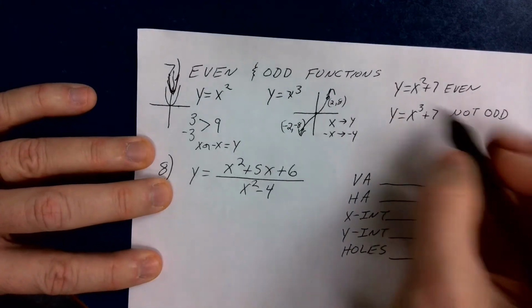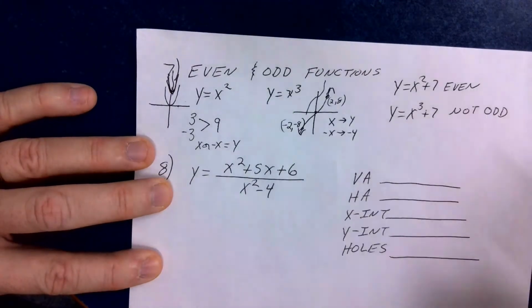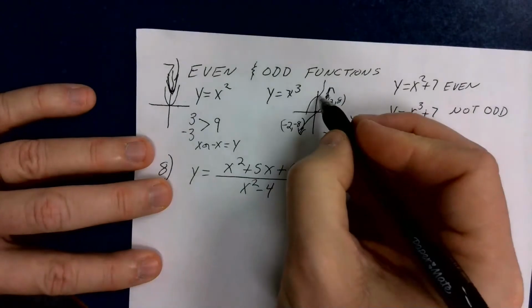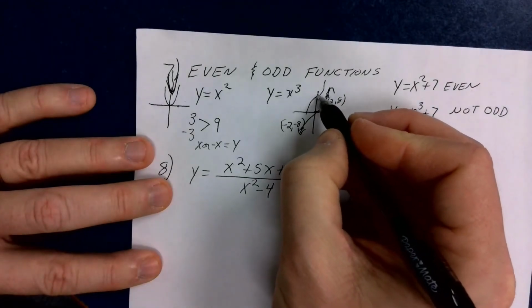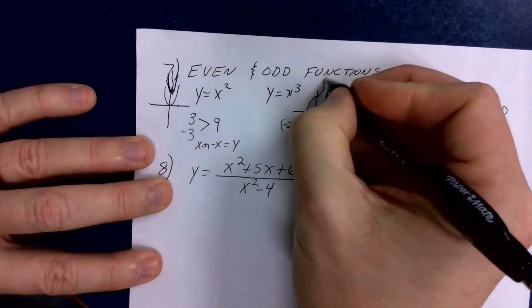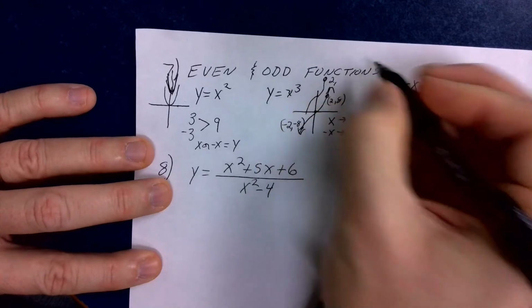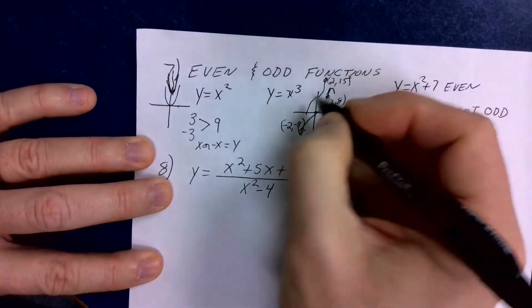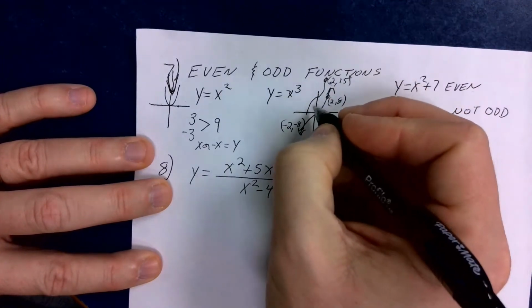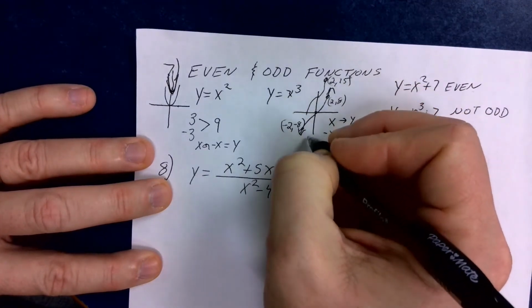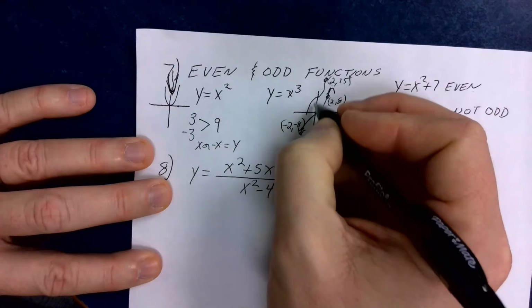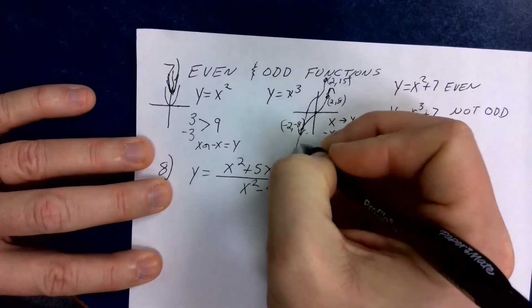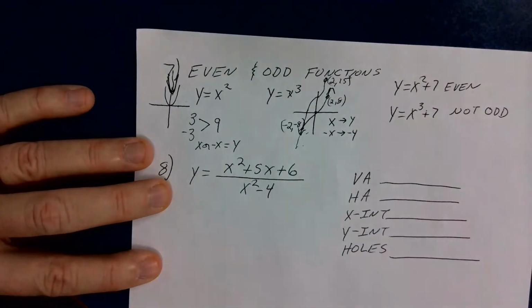So as soon as I move this up 7, it does not have rotational symmetry about the origin, right? So if this point was (2, 15), (-2, -15) is not on this, right? (-2, -15) is here, and that is going to be out this way, okay?